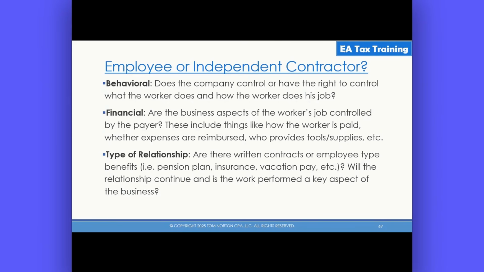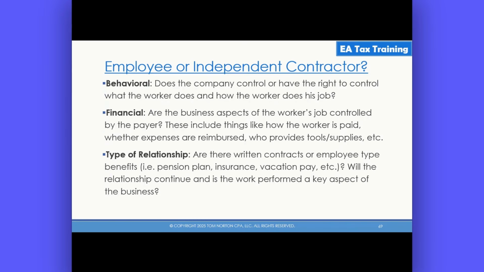Behavioral: does the company control or have the right to control what the worker does and how the worker does his job? Financial: are the business aspects of the worker's job controlled by the payer? So this would be things like how the worker is paid, whether expenses are reimbursed, who provides the tools, the supplies, etc. And then the type of relationship.